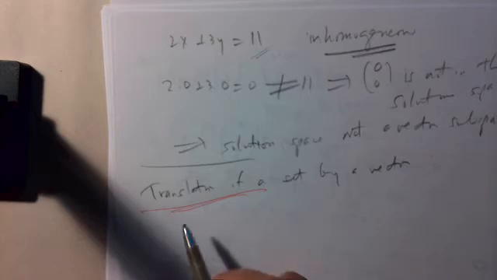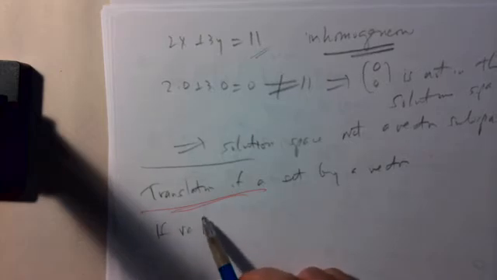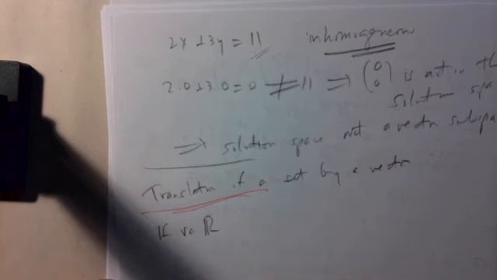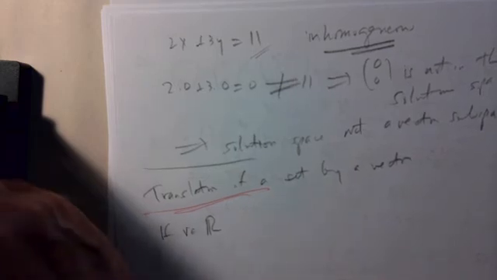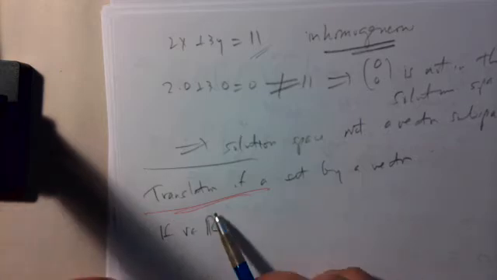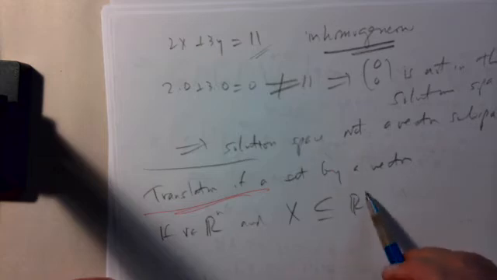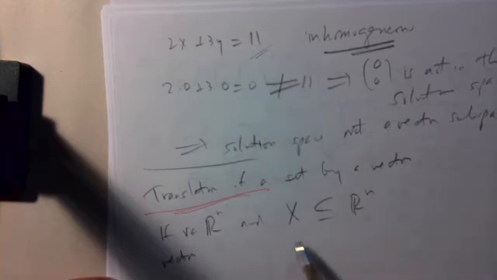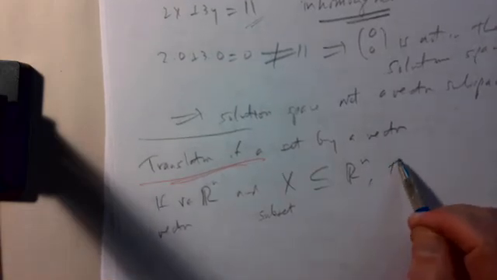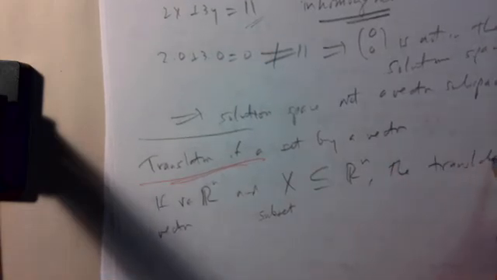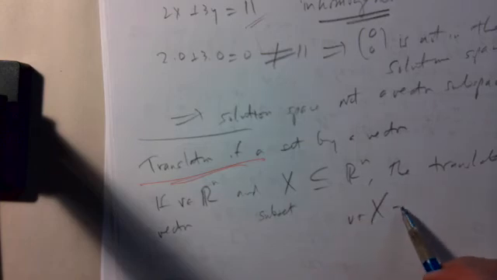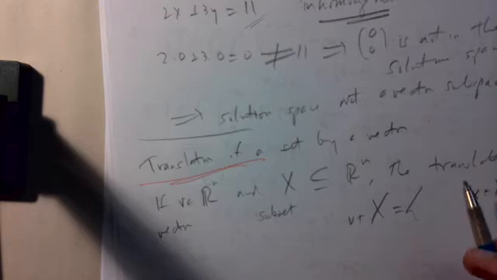So if v is a vector in Rn, and X is a subset of Rn, so this is a vector, and this is a subset of vectors, we can define the translate v plus X. This means you just look at all vectors x in X and translate or move them by v.